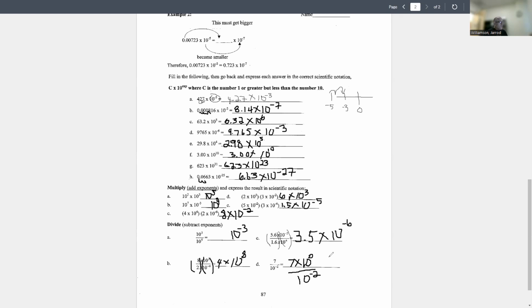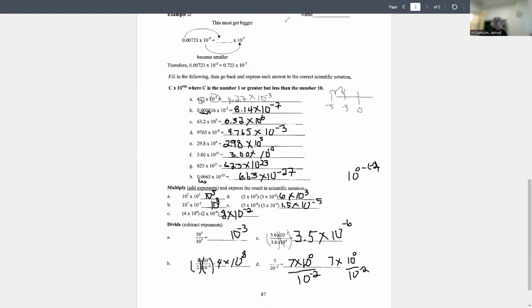So I've got 7 times, then I've got 10 to the 0, kind of like a little gimmick there, divided by 10 to the minus 2. So I'll end up with 10 to the 0 minus a negative 2. And that'll be a positive 2.